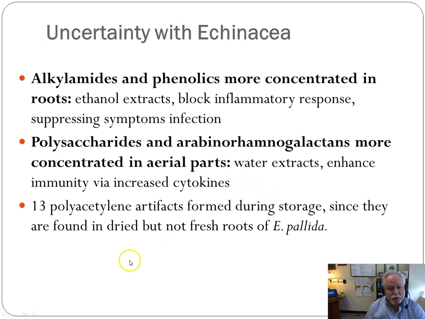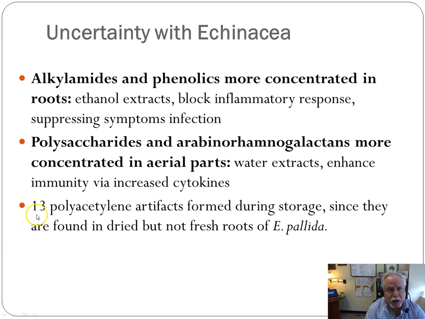Now, some other elements are that when we dry, at least in the pallida we have this evidence, and it wouldn't be difficult to assume that this occurs in the other plants as well, artifacts are formed. That is, particularly in the alkylamides and some of the chicoric acids, you have compounds that get changed in the drying process.